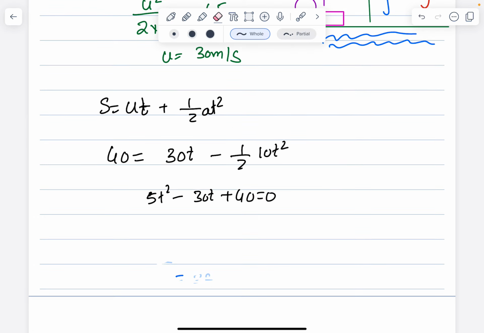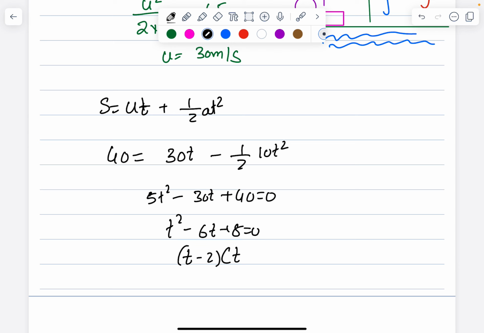So t squared minus 6t plus 8 equals 0, so (t minus 2)(t minus 4) equals 0. So t equals 2 seconds or t equals 4 seconds. So the difference in time, delta t, will be 4 minus 2, which is 2 seconds.